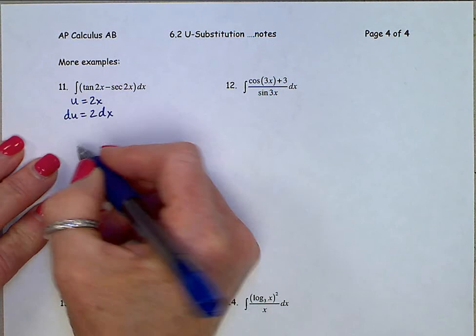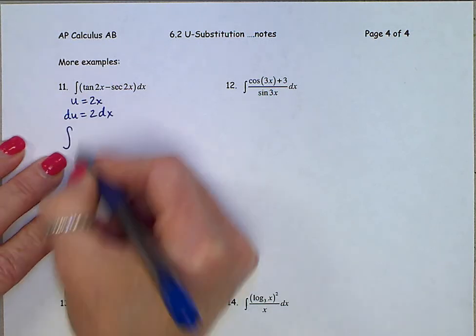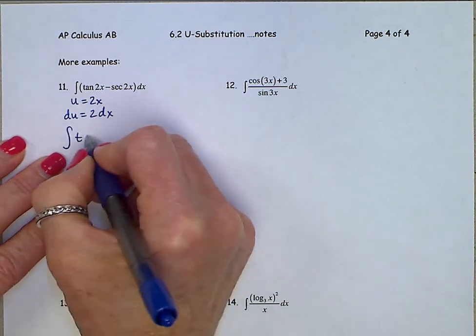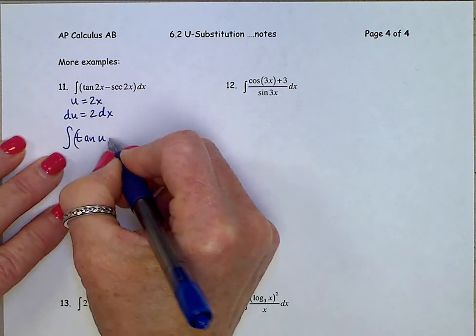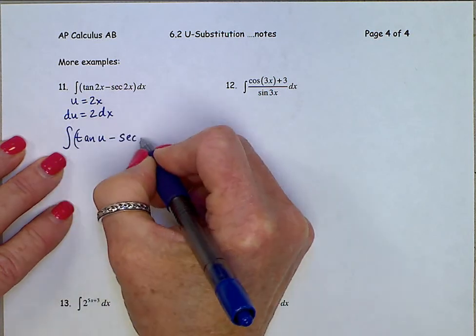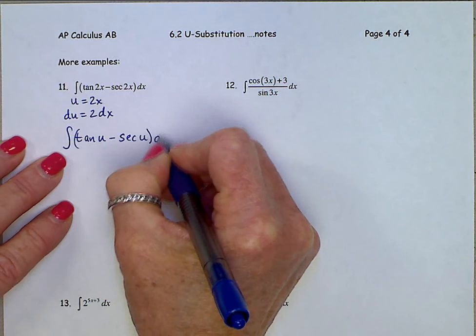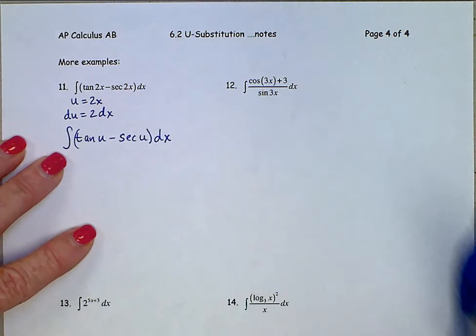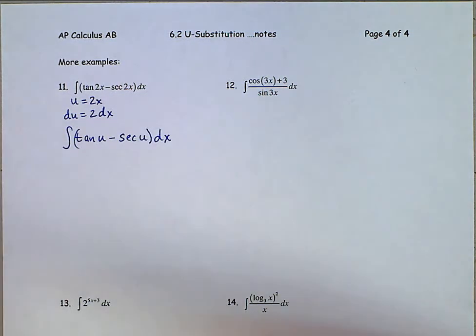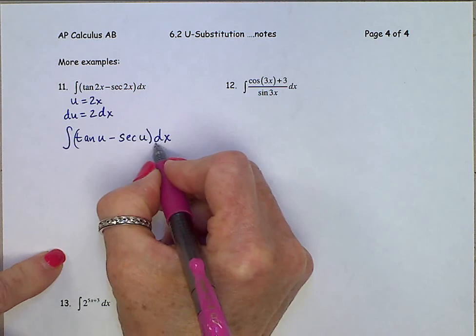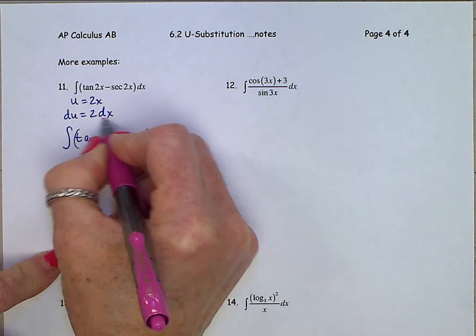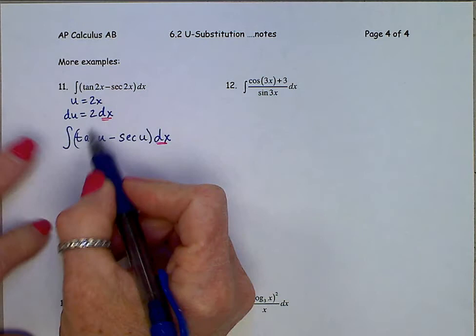Then when we replace out just the u, we will have tangent u minus secant u dx. And dx is what we have to replace out. We can replace that with 1/2 du.